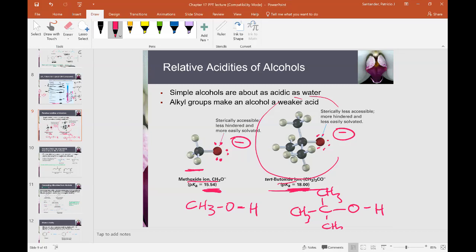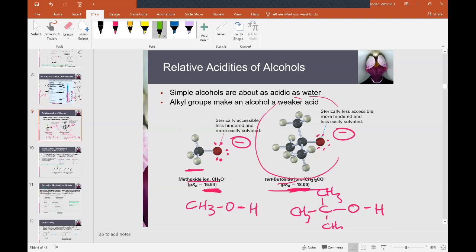Also, we have some inductive effect. Alkyl groups are electron donors, and here we have just three hydrogen atoms attached to the carbon atom, so the electron donation power is not so high.